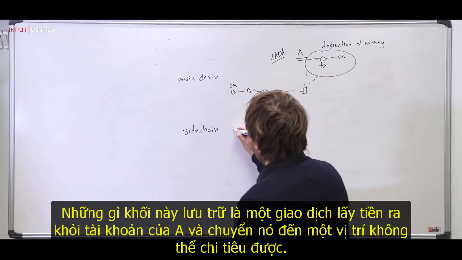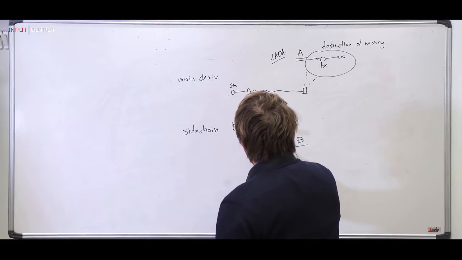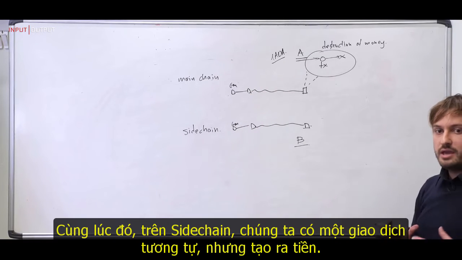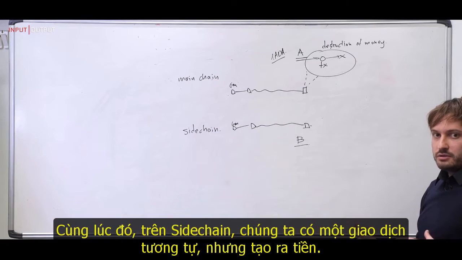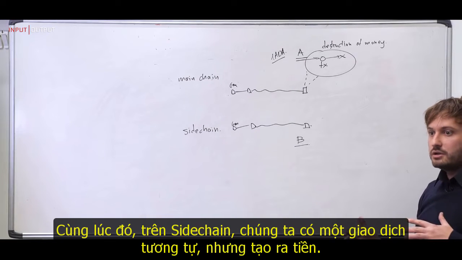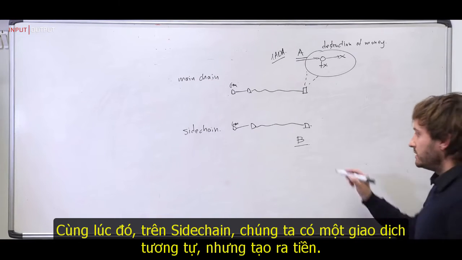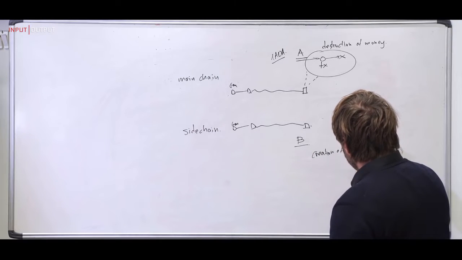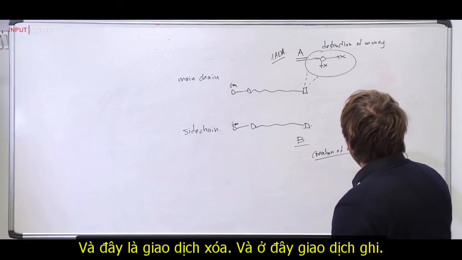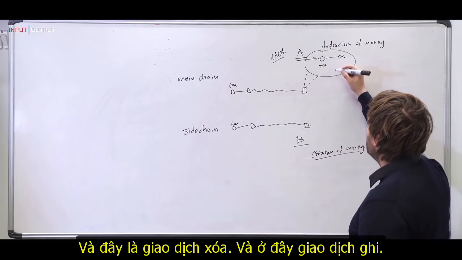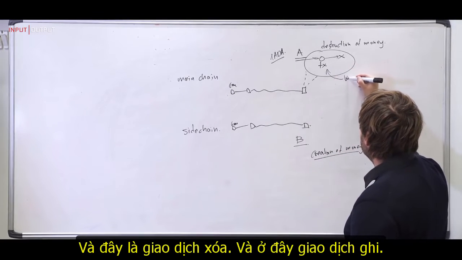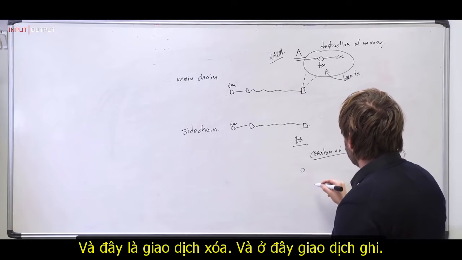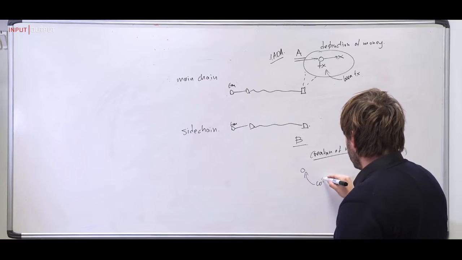At the same time, on the sidechain, we want a similar transaction, maybe a dual transaction, that creates money. So this is the creation of money. And this is the burn transaction. And here we will have a dual Coinbase transaction.